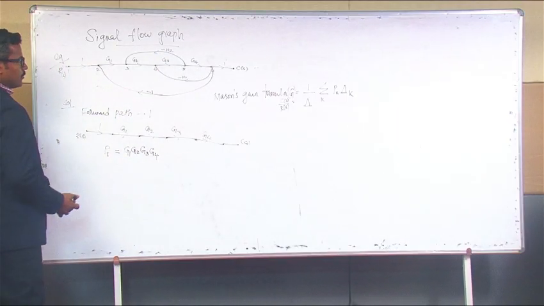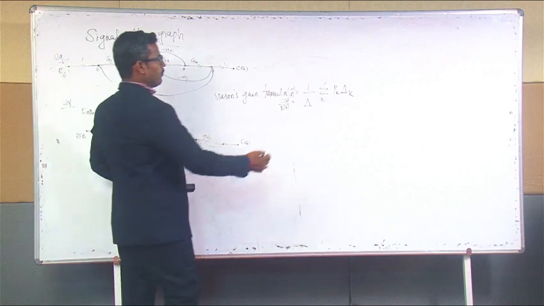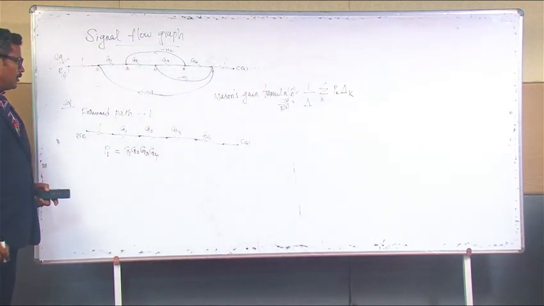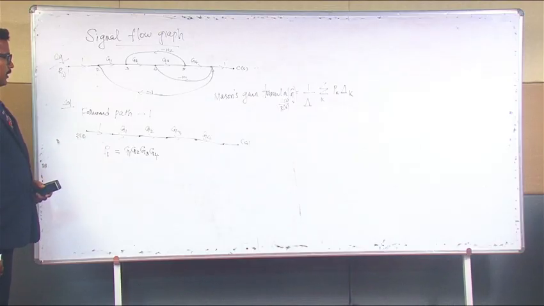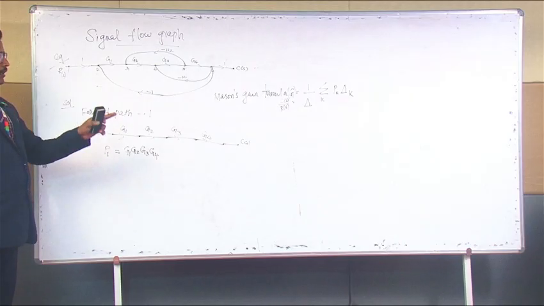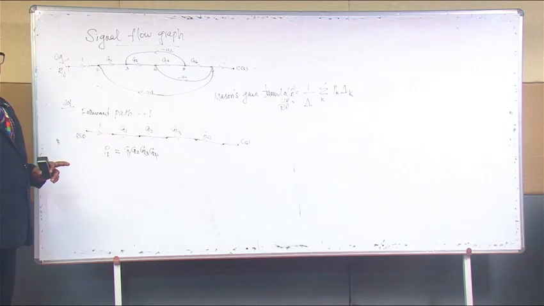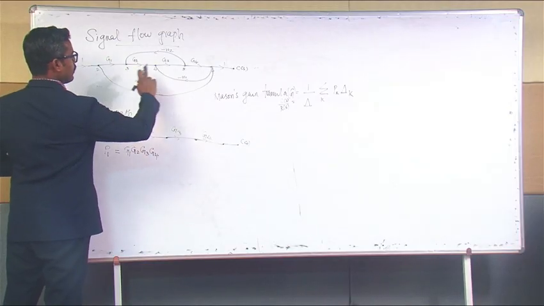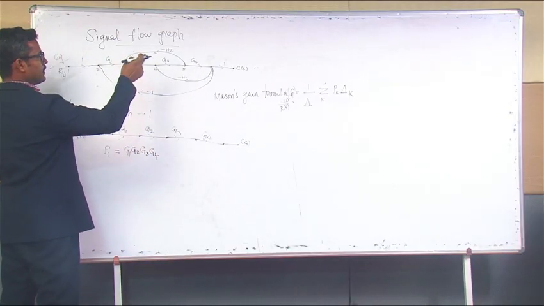Next, after we find this Pk, we are going to calculate the del value. To calculate del, the formula is 1 minus the sum of individual loops plus the sum of two non-touching loops. A loop is nothing but a forward path and again the feedback is present.